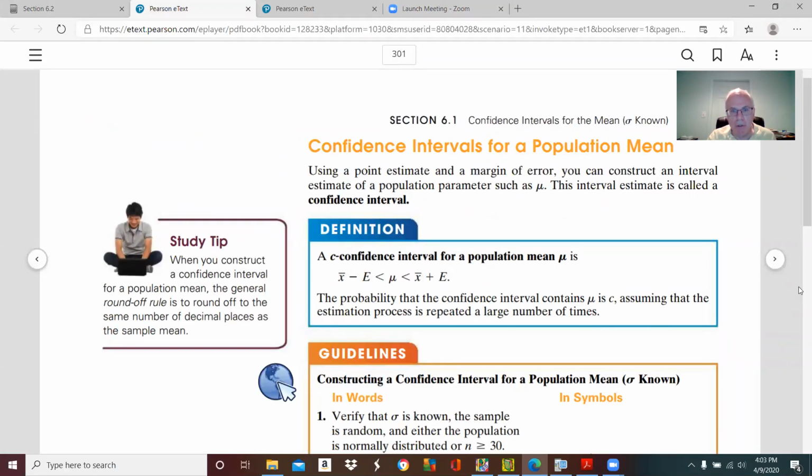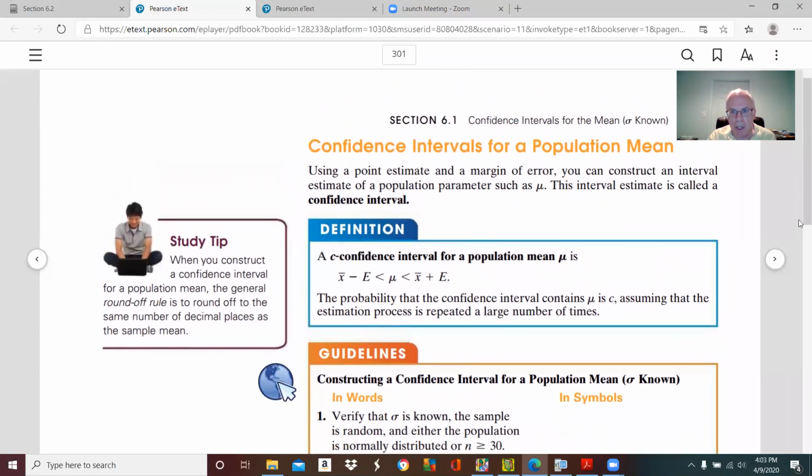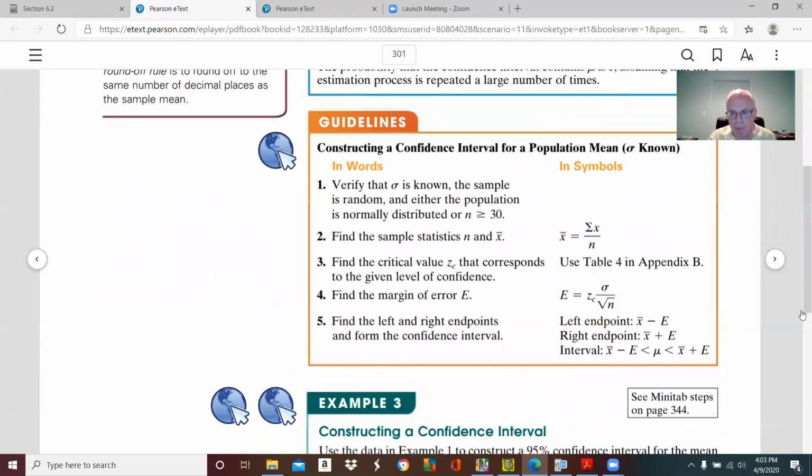So this page here, page 301 in the textbook, summarizes how to construct a confidence interval. Basically, we're going to take our sample mean, the one from the sample that we draw, and then we're going to add and subtract E here, which is called the margin of error. We talked about that last time.